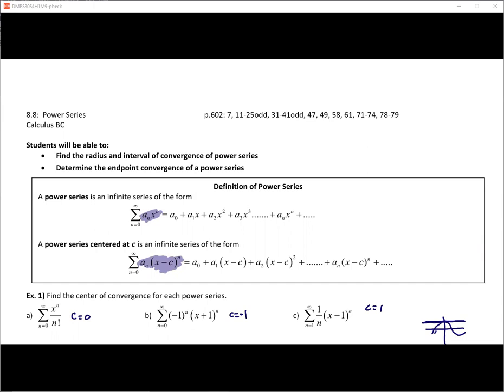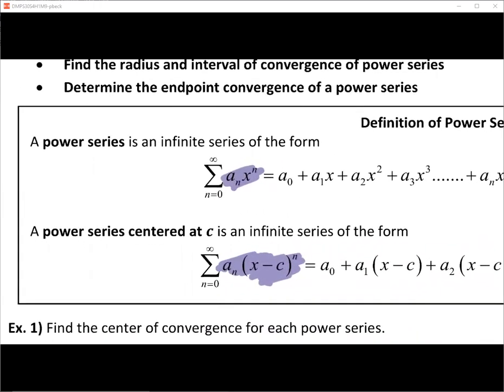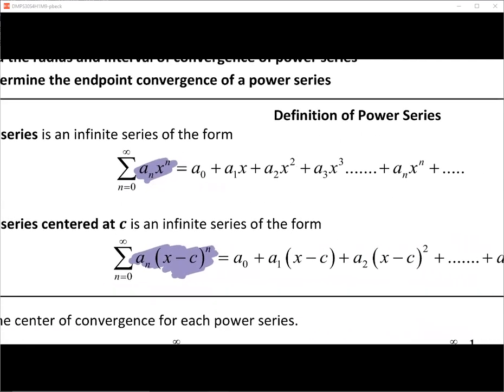So when it comes to power series, first thing we want to do is identify what a power series is. A power series is an infinite series of the form where we have the summation of some rule times x to the nth. If you remember, as we talked about the Taylor series, I tried to generalize and put it in summation form, where for the Taylor and Maclaurin series, we took partial sums, but then I wrote the rule.